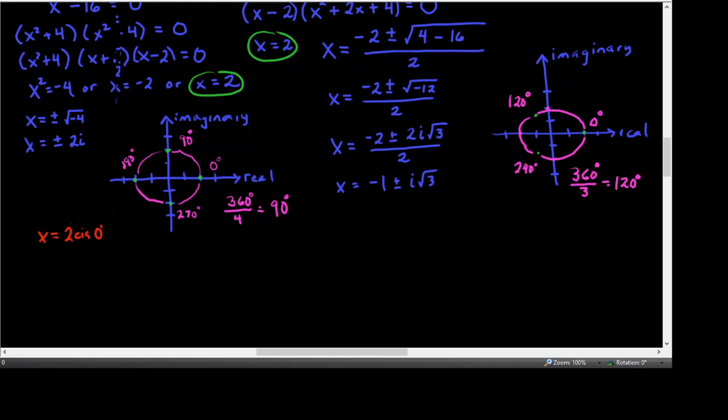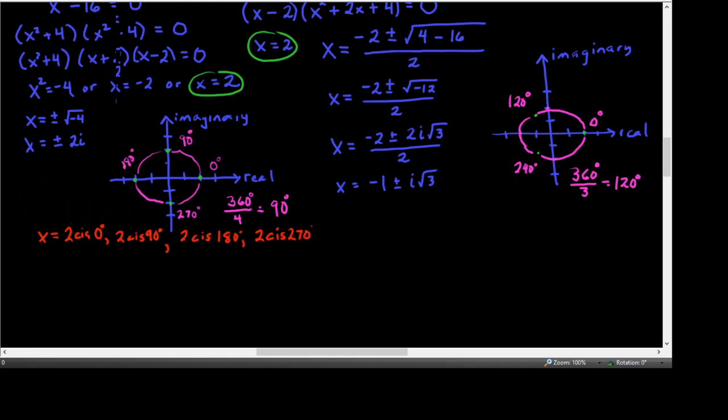And the angle is 0. The next one is 2 cis 90 degrees. The next one is 2 cis 180 degrees. And the last one is 2 cis 270 degrees.